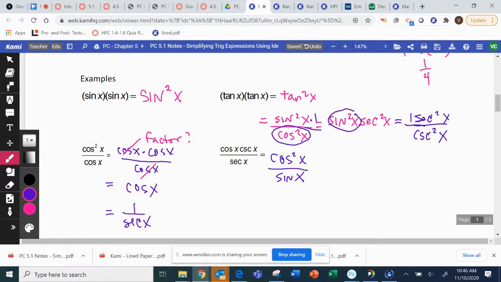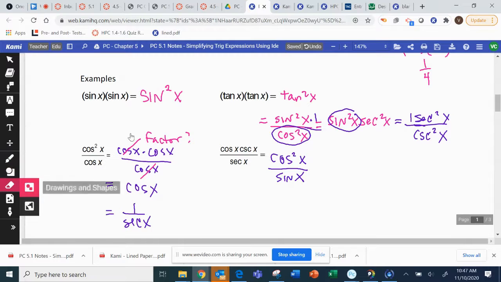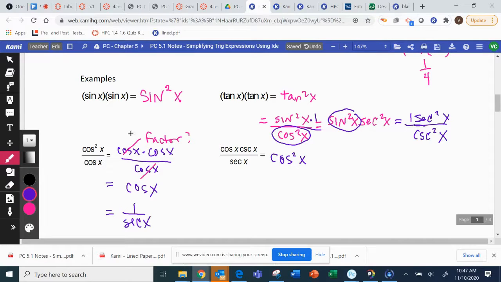John, do you know how he got it? Okay, because you did 2 steps at once, Nick, I'm going to take away that last step that you did, and I'm just going to write your first step. So how did he get cosine squared x? Daniela, do you know how he got cosine squared x?